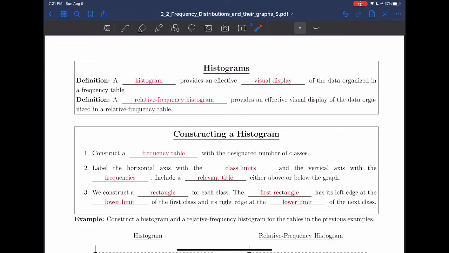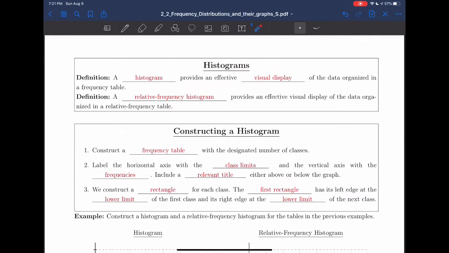First, we need to construct a frequency table, which we did in the earlier example. Then we label our horizontal axis with the class limits, and the vertical axis is the frequencies. Remember, we need to include a title, and of course label our axes.